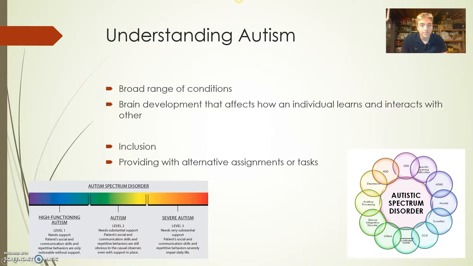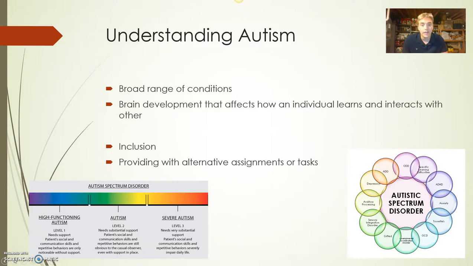Understanding autism. So autism, there's a broad range of conditions. As you can see at the bottom left-hand corner, there's high functioning autism, just in the middle autism, and severe autism. So some students might be able to fit in with their typical peers and might be able to learn properly with just a few social skills. Some are somewhere in the middle, and some may struggle speaking and moving and have all sorts of impairments.